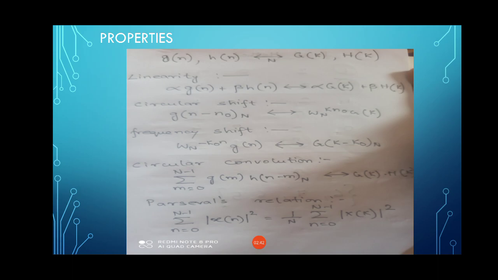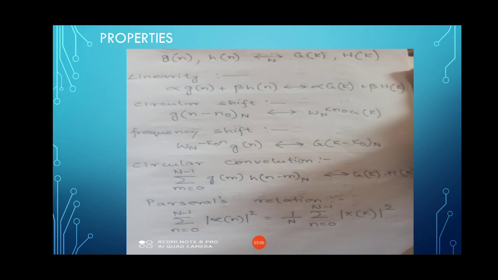So we have two convolutions now, linear convolution and circular convolution. The formula for linear convolution was g of n convolved with h of n, equal to summation k going from minus infinity to infinity of g of k h of n minus k.